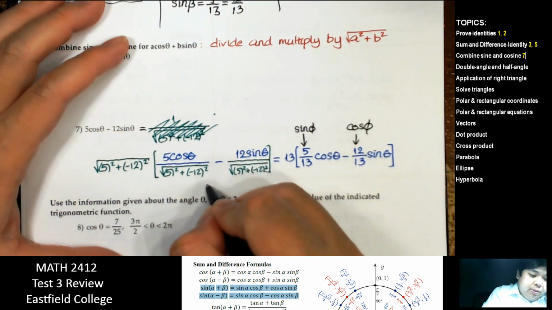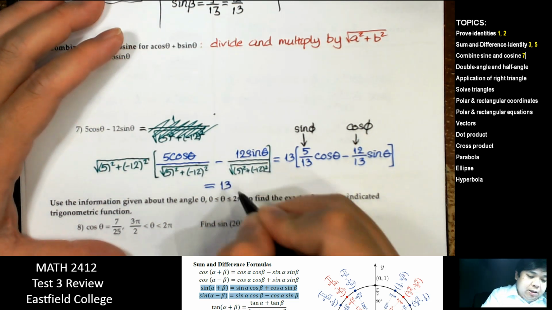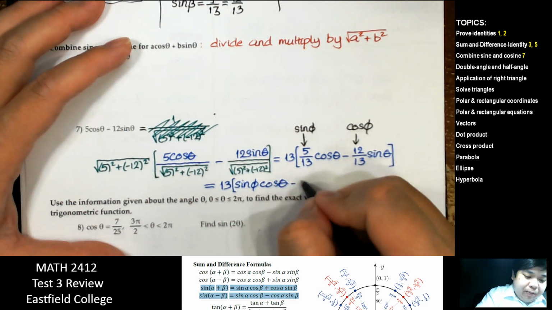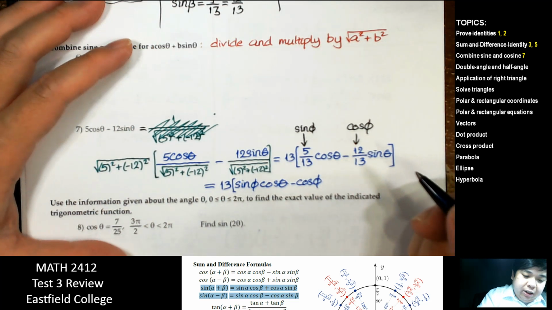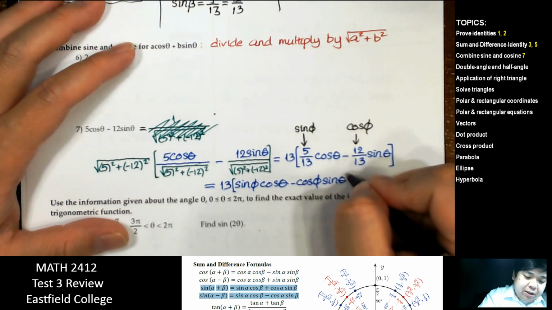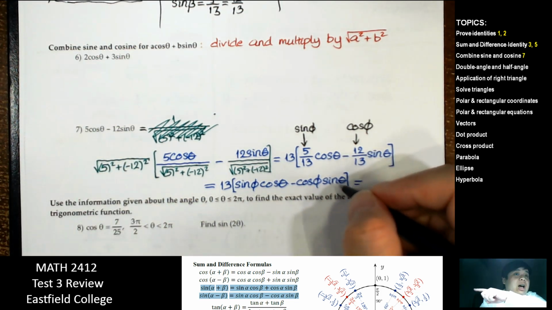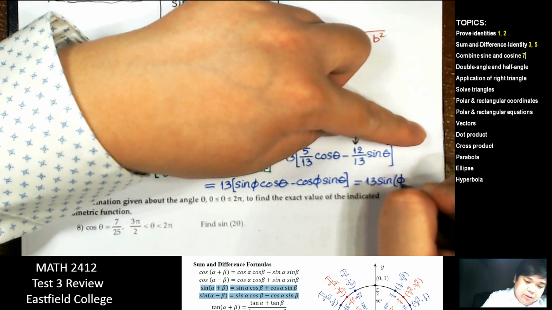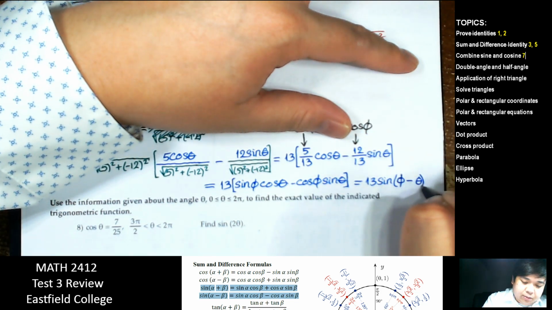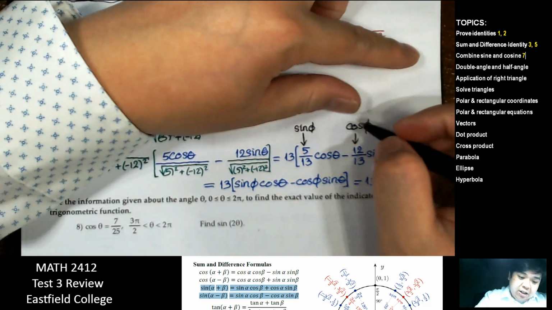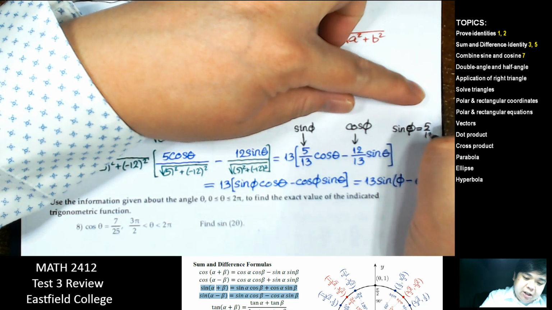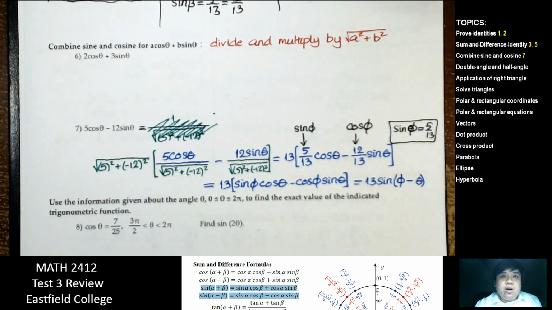So in that case, we will have 13 times sine phi cosine theta minus cosine phi sine theta, and the formula we have on that side will give us 13 sine of phi minus theta, and of course we should write that where sine phi is equal to 5 over 13, or if we take the inverse, we can find the angle phi, but when we combine, that's what we can combine.